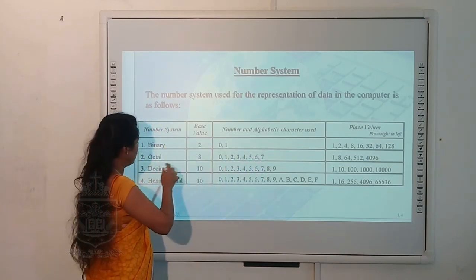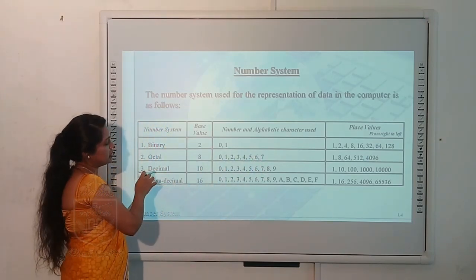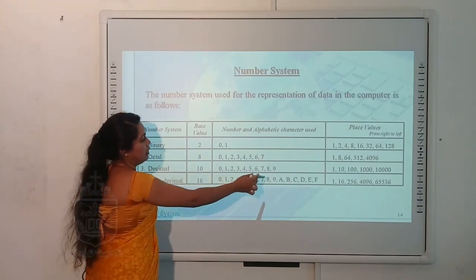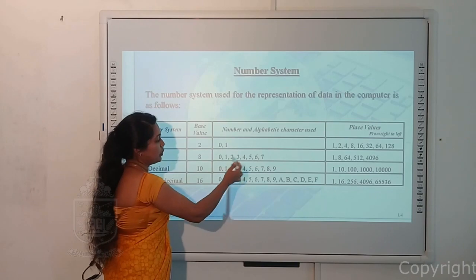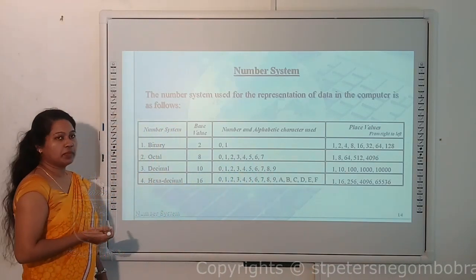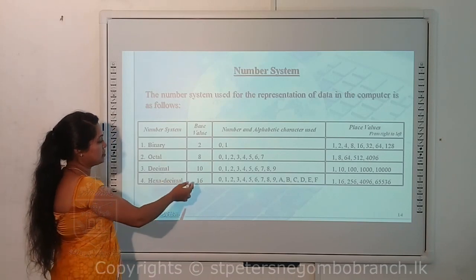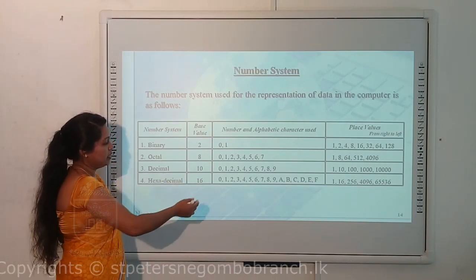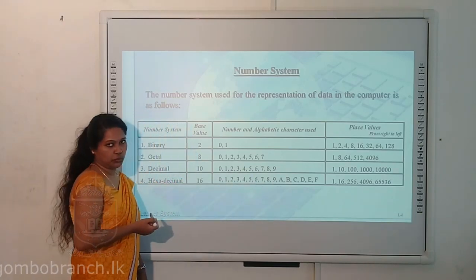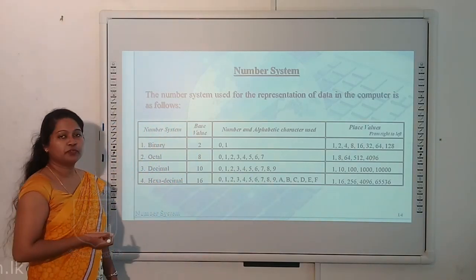Then the decimal number system, base value is 10, there are 10 digits, 0 to 9. Hexadecimal number system, base value is 16, here 16 digits are used, 0 to 15.